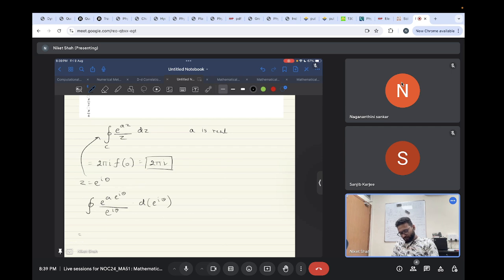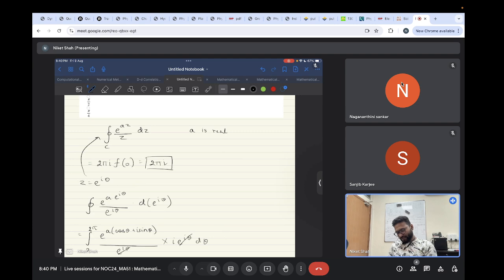This is equal to integral 0 to 2 pi e raised to power a cos theta plus I sin theta. I'm splitting e power I theta in terms of cos theta plus I sin theta, divided by e raised to I theta multiplied by I e raised to I theta d theta.